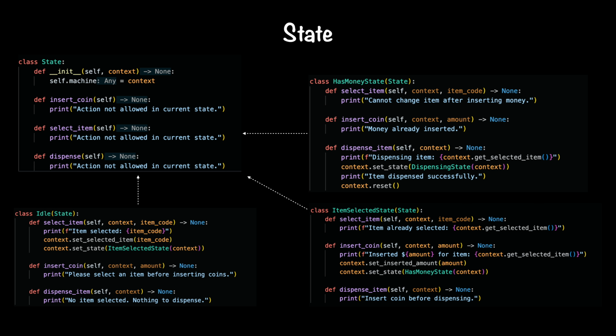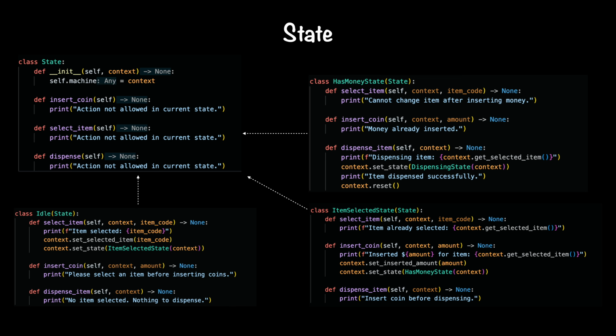Once the select item method is triggered from the vending machine in the idle class, we'll select the item. Later we need to change the state from idle state to item selected state. This is where we use the context and the set state method to change the state of our machine. Now the state in the vending machine has changed from idle state to item selected state.